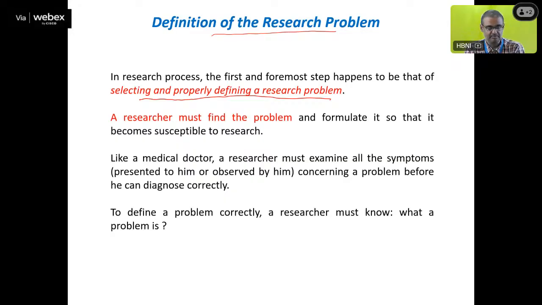During my PhD, I will explain it with one analogy. Otherwise, it is very difficult, because what we are teaching is very general, so that it is common for each and every one of you and also for me. So when I initiated my PhD, I had to define the research problem.